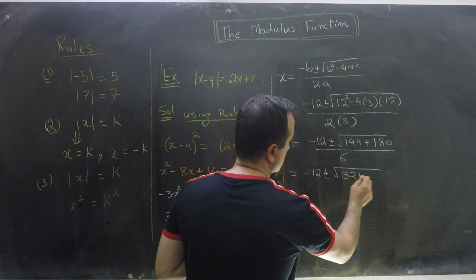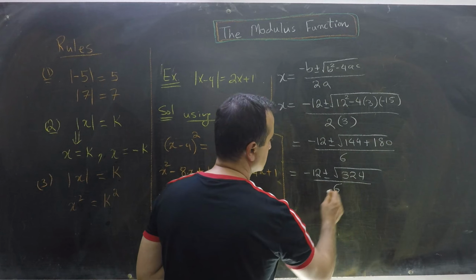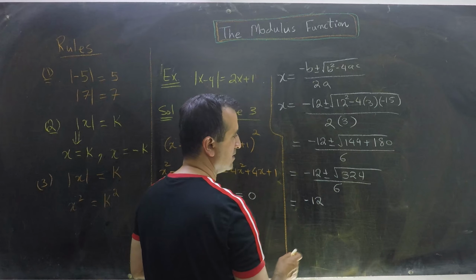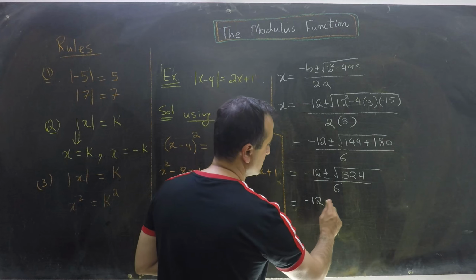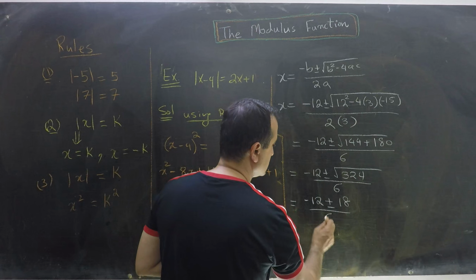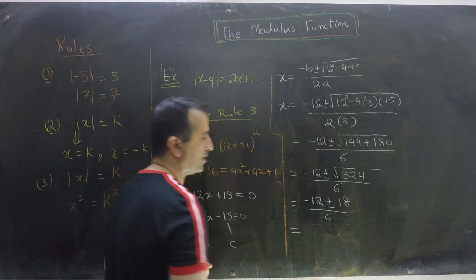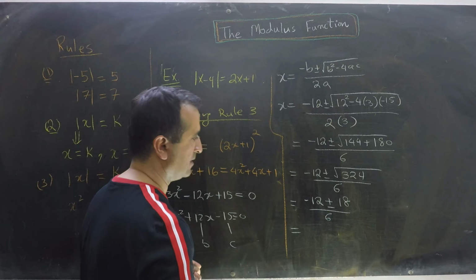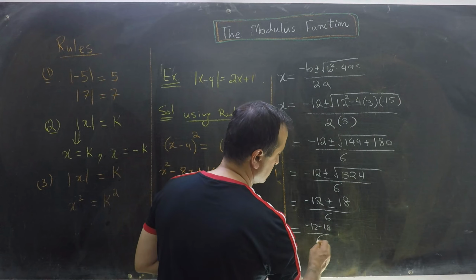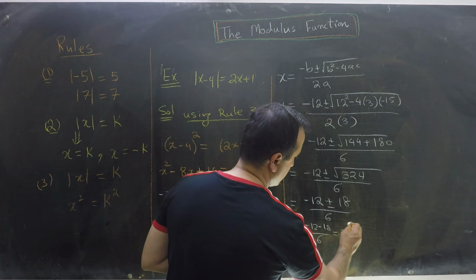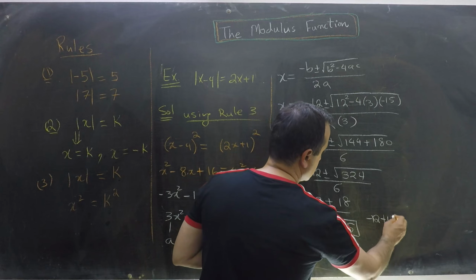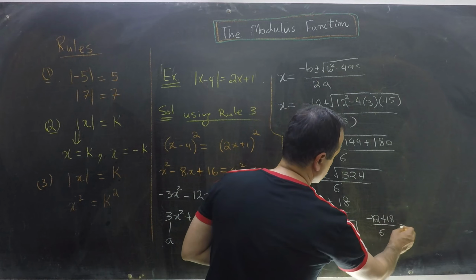The square root of 324 is equal to 18, so it will be minus b plus minus 18 over the denominator, and from here we can find two different values of x. Minus 12 minus 18 over 6 will be equal to minus 5, and minus 12 plus 18 over 6 will be equal to 1.